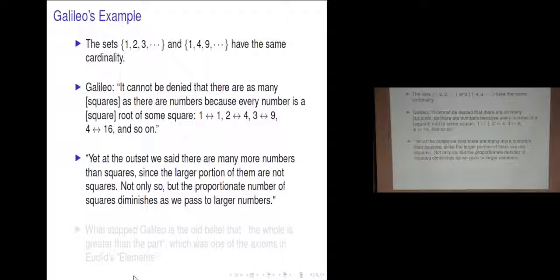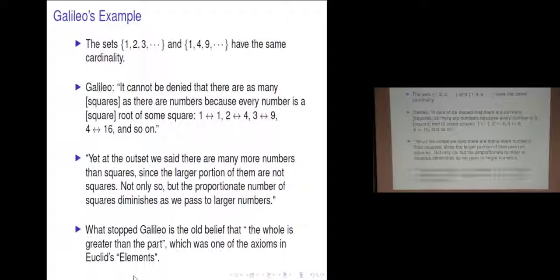You see, 3 is not a square, and there are lots of numbers between 3 and 9 that are not perfect squares. Galileo said not only so, but the proportionate number of squares diminishes as we pass to larger numbers. The gaps between n squared and (n+1) squared have more and more numbers. The gap becomes bigger and bigger, right?